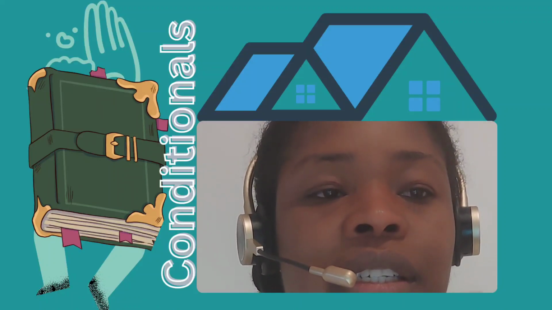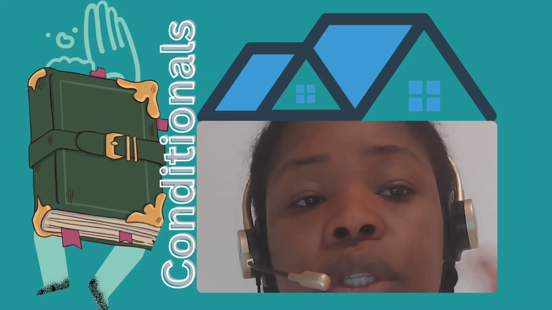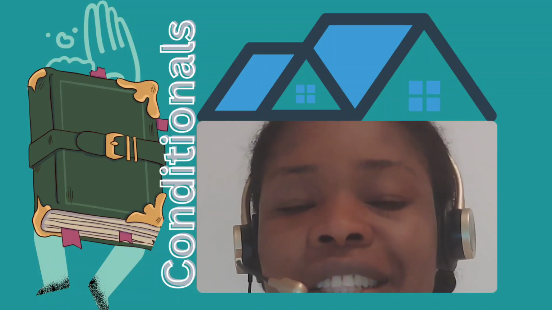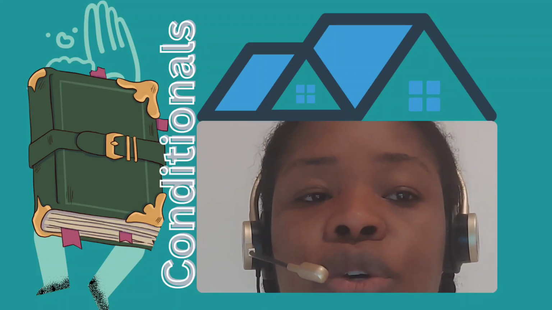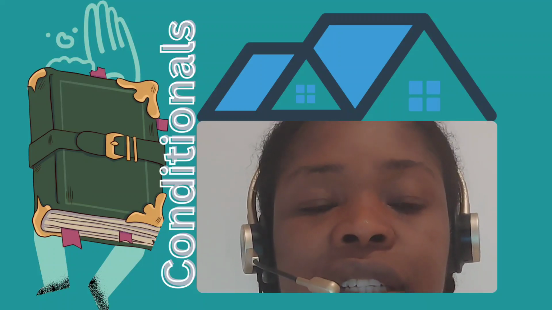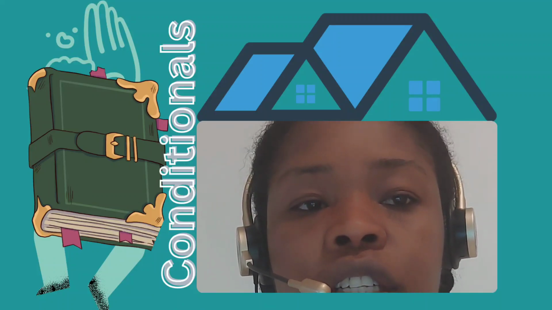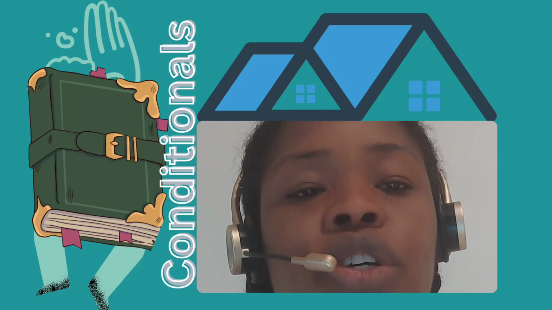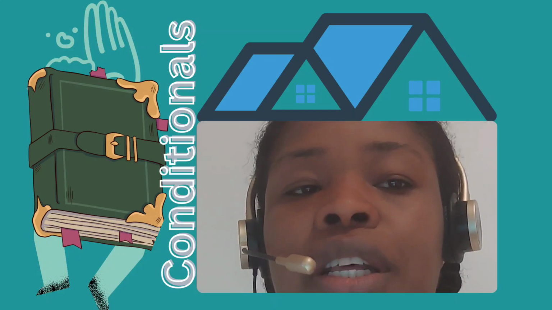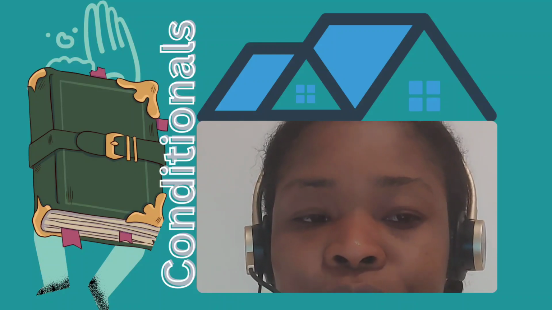Another example is, if she sleeps early, she gets a good night's rest. This is also factual. So if she sleeps early, sleeps is in the present tense, and that is the if clause. She gets a good night's sleep, that's the result clause, and we also use the present tense.